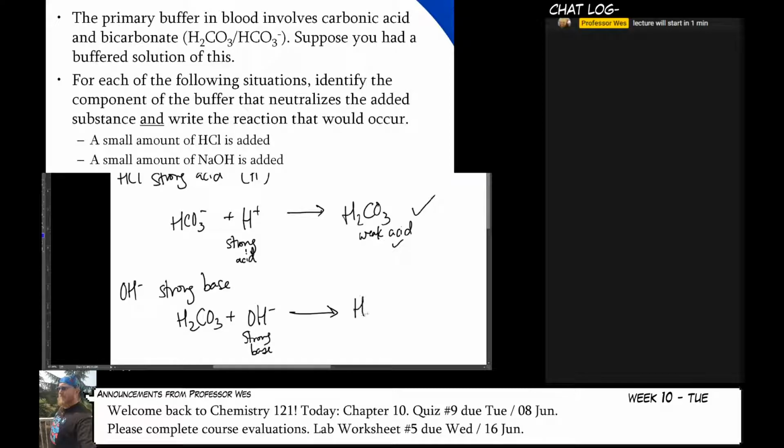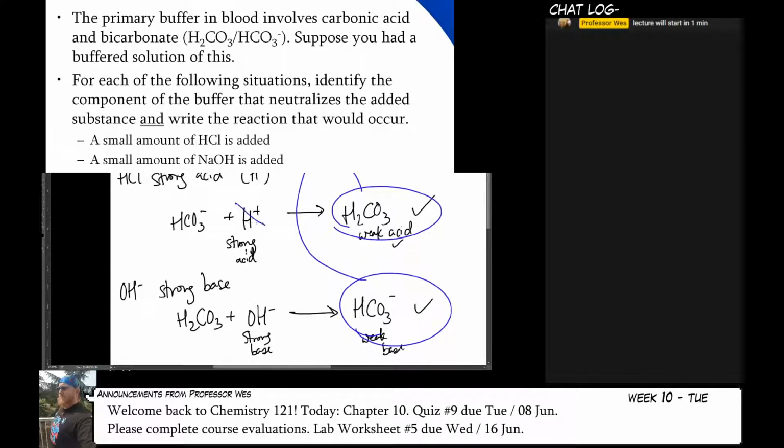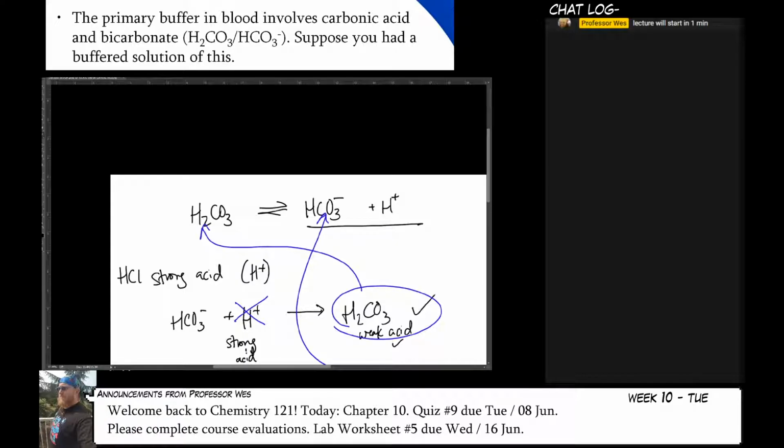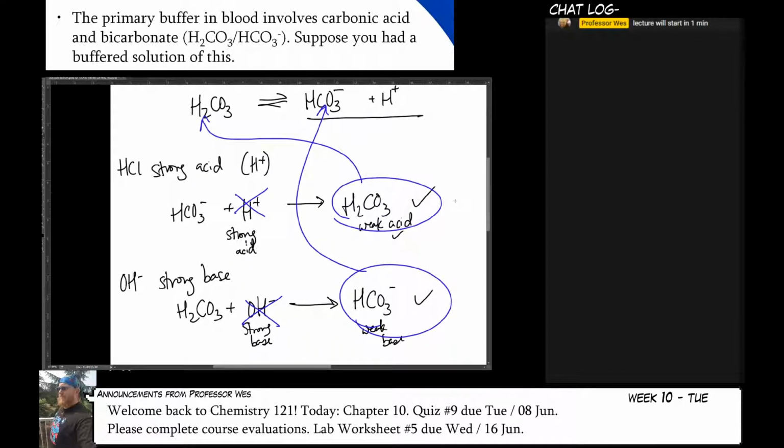It will react and we will make bicarbonate again, which is just the weak base that is in my solution. So the products, again, are things that already existed in the buffer. So we have basically neutralized the added H plus or hydroxide. You can't see what I went up and highlighted, but it was this up here. All right, that's how a buffer behaves.